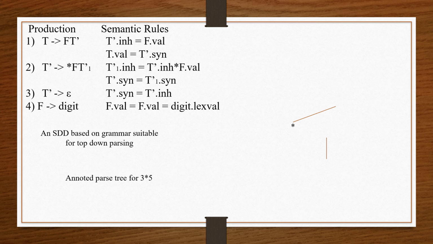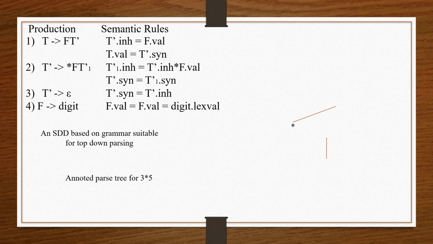I mean, T and F have a synthesized attribute called VAL and digit has a synthesized attribute called lex value. And the non-terminal T dash has two attributes, that is INH and SYN, that is inherited attribute and synthesized attribute. So how many attributes for T dash? Two attributes. So the semantic rules are based on the idea that the left operand of the operator star is inherited.